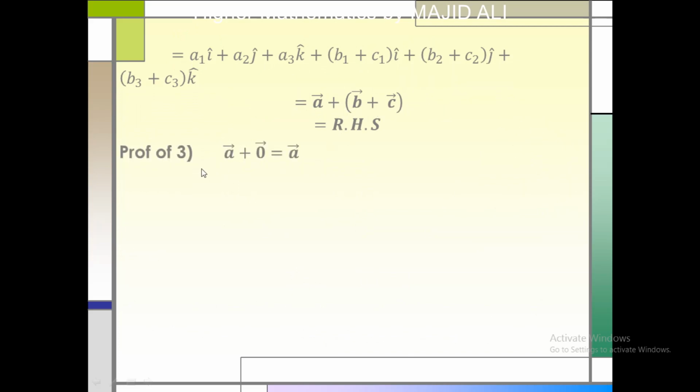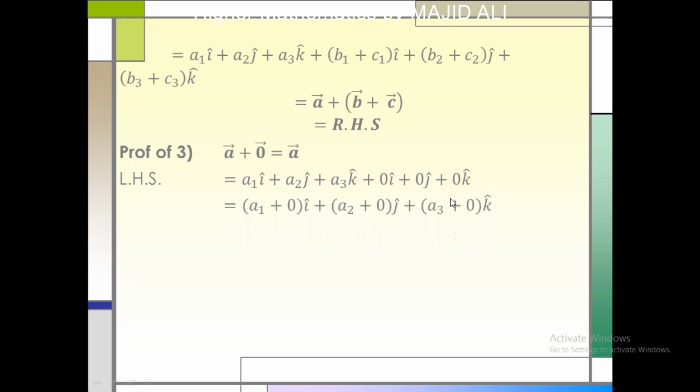Now we prove the third part of our property, which is a vector plus null vector, which is equal to a, which is the additive identity. Consider here vector a, a1 i unit vector plus a2j plus a3k, and the null vector can be written as 0i plus 0j unit vector plus 0k.